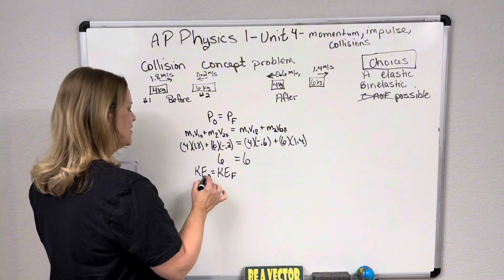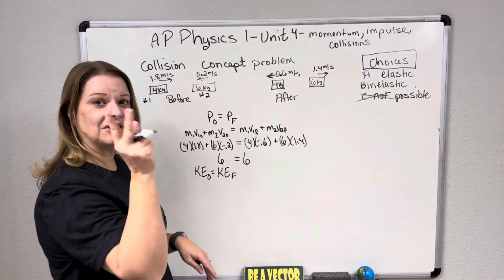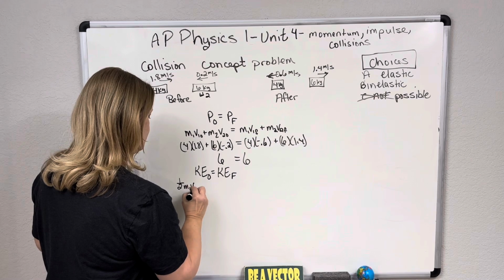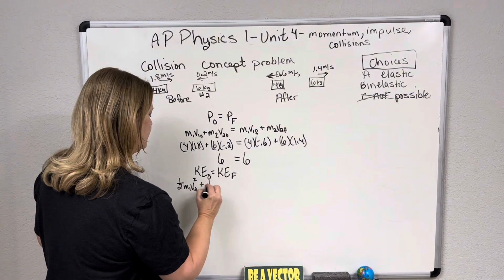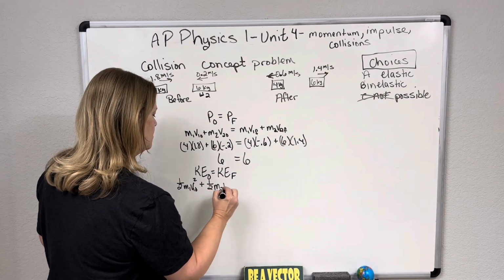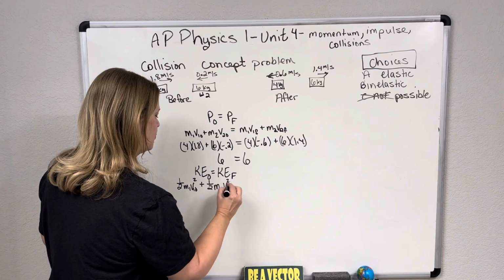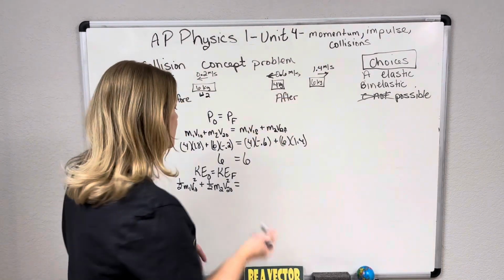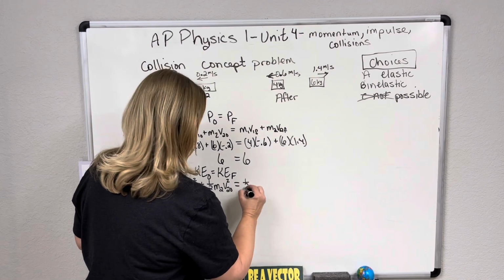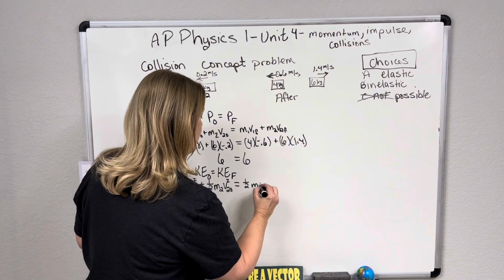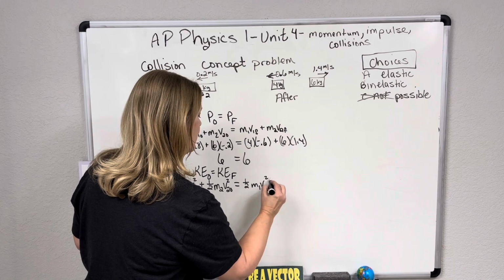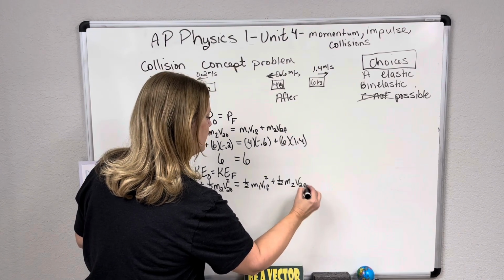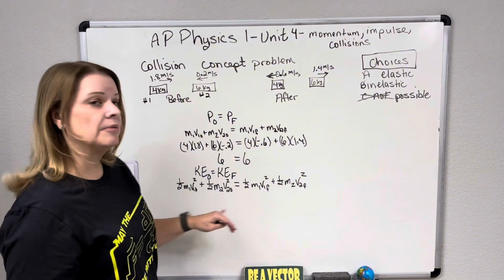So I have two carts moving, so I have two kinetic energies. I have 1/2 M1 V1 initial squared plus 1/2 M2 V2 initial squared equals final, and they're both moving final too, so they both have kinetic energy. 1/2 M1 V1 final squared plus 1/2 M2 V2 final squared. All right, now I can plug and chug.